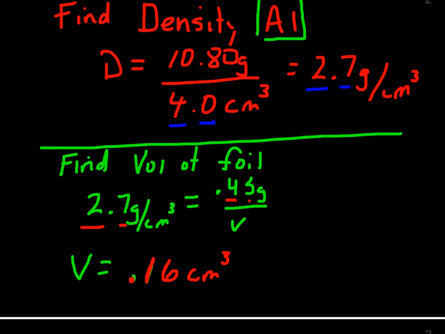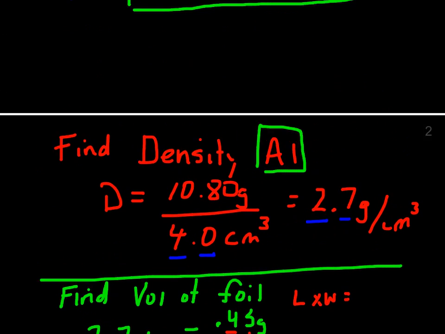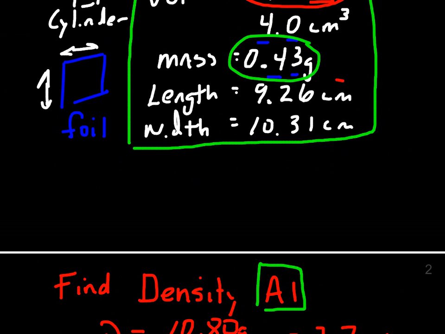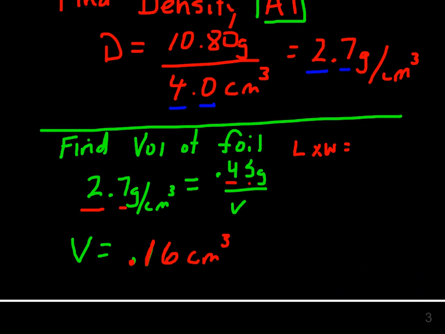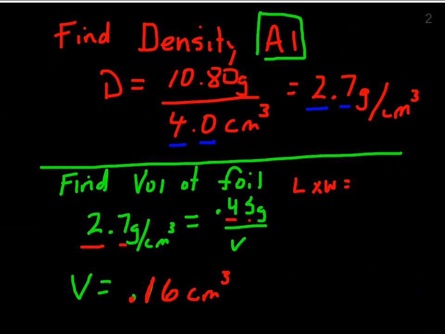Now, on the foil, I know the length and the width. So length times width is going to be the area. When I multiply those two values together, 9.26 times 10.31, I end up with an area of 95.2 centimeters squared, to 3 sig figs.